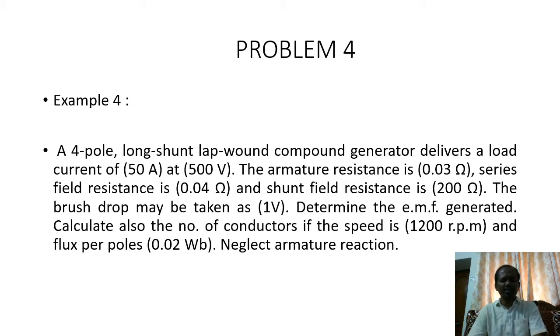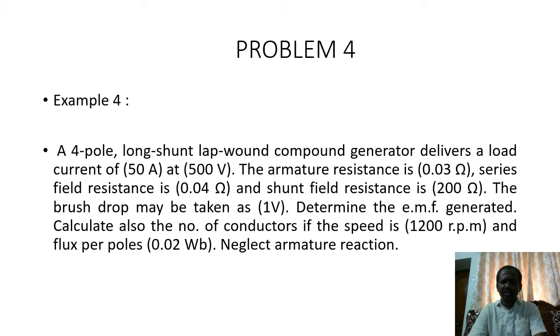Next problem is 4. First of all, all of you note this problem. It is a DC shunt generator, here a long shunt lap-wound compound generator we are going to discuss. A 4-pole long shunt lap-wound compound generator delivers a load current of 50 ampere at 500 volt.